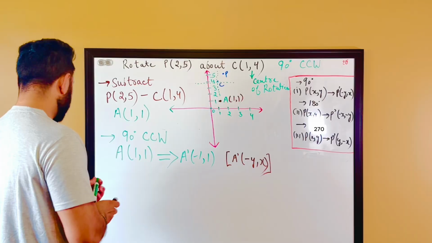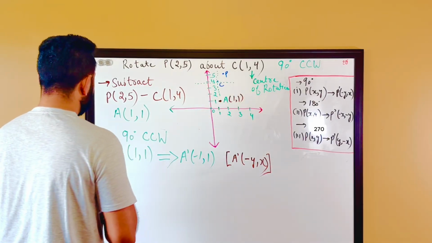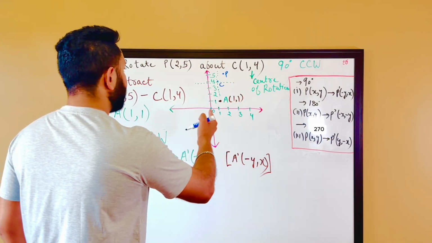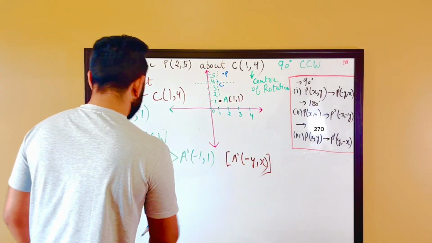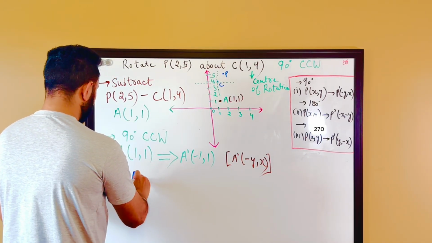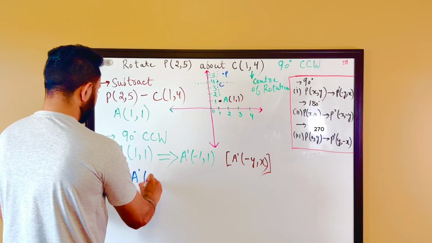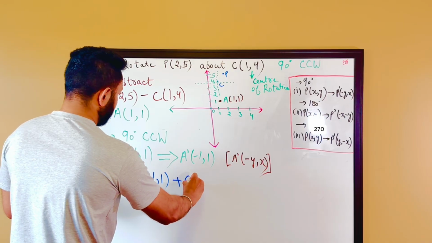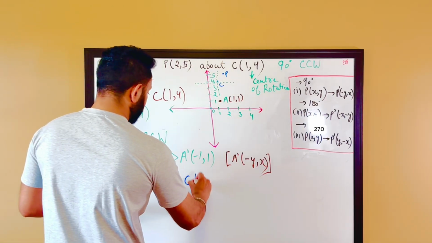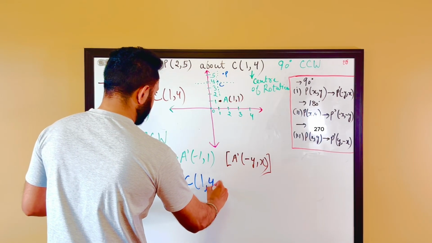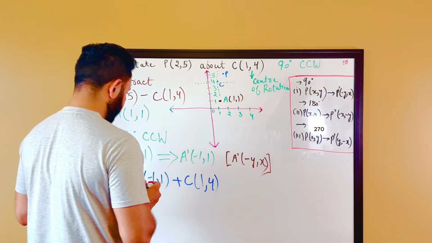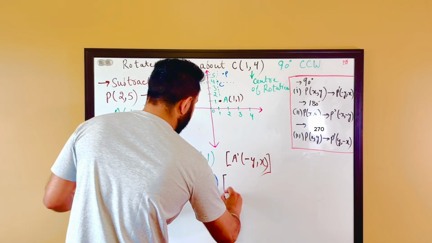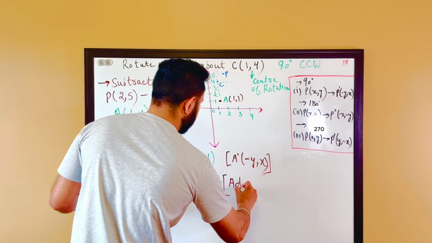So our third step is we're going to add center of rotation to this point, (-1, 1). So add center of rotation.